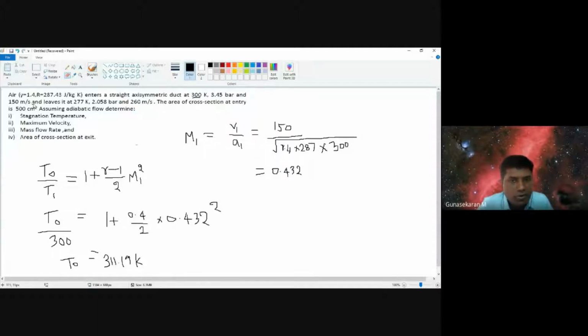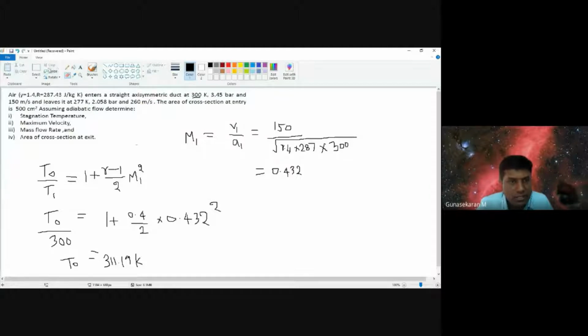In the previous problem, what happened? The entry and exit Mach numbers were given. In this problem, the entry and exit Mach numbers are not given. But another parameter is given, that is temperature and velocity. With that, we can find out the entry Mach number.